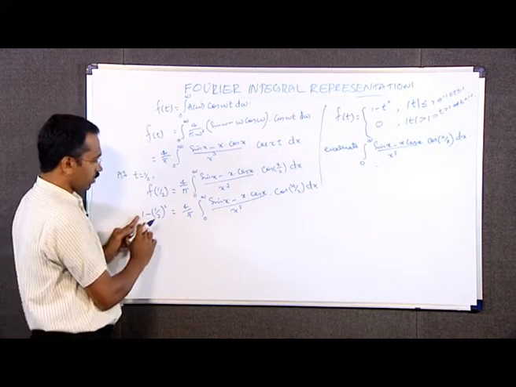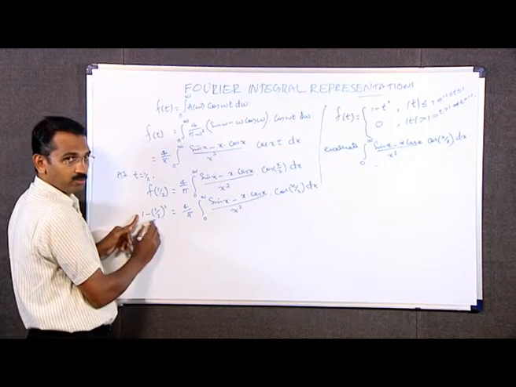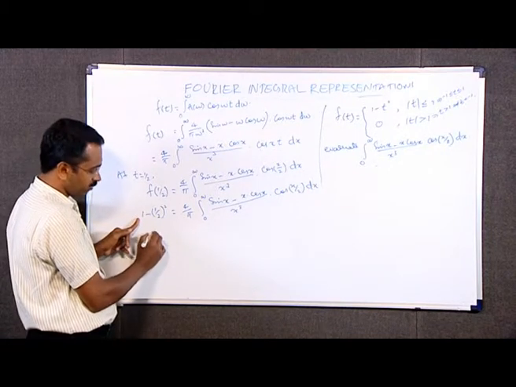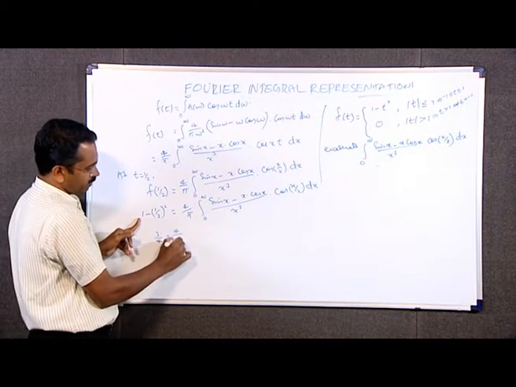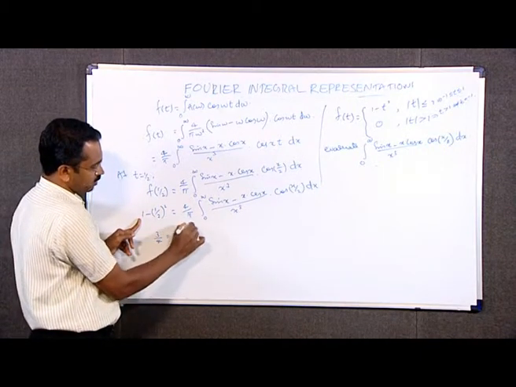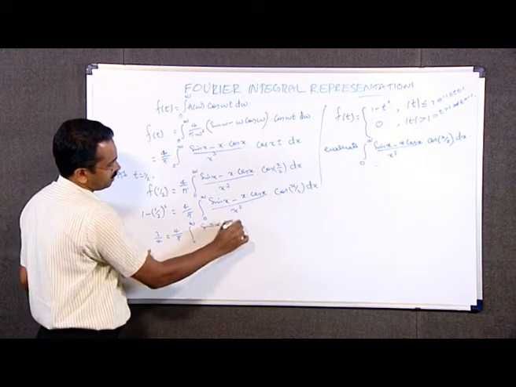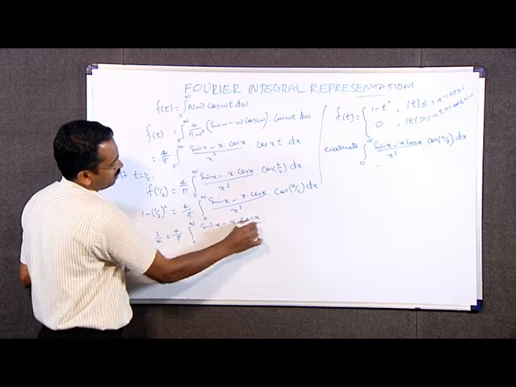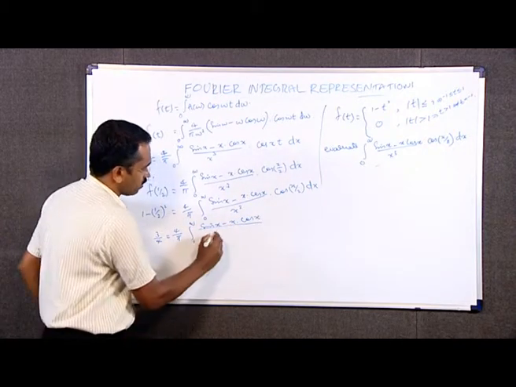That is, here 1 minus 1 by 4, which means 4 minus 1 divided by 4, that is 3 by 4, is equal to 4 by pi into the integral from 0 to infinity of (sin x minus x cos x) divided by x cube into cos x by 2.